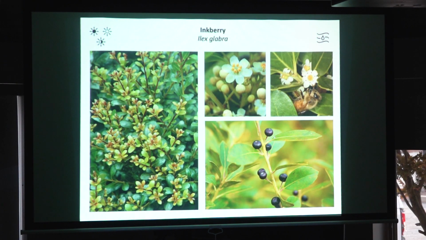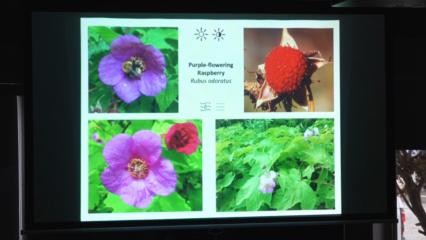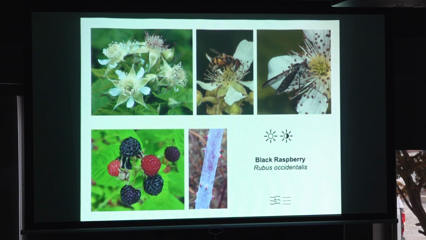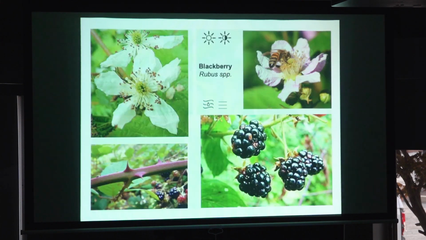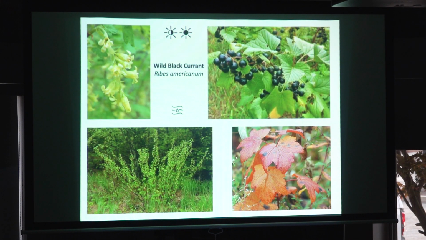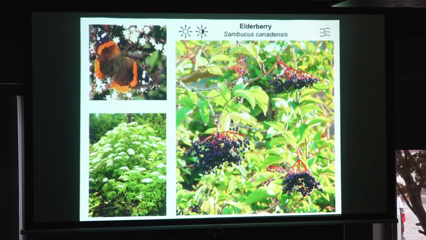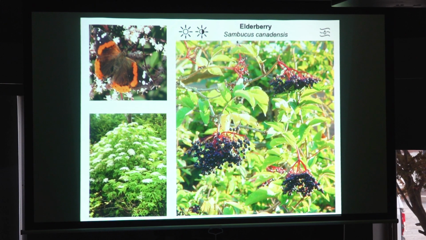Inkberry, purple flowering raspberry, the native roses that we saw before, the black raspberry, also in the rose family, blackberry, wild black currant does amazingly well in the shade. Elderberry does well in wet places, but can handle normal soil.